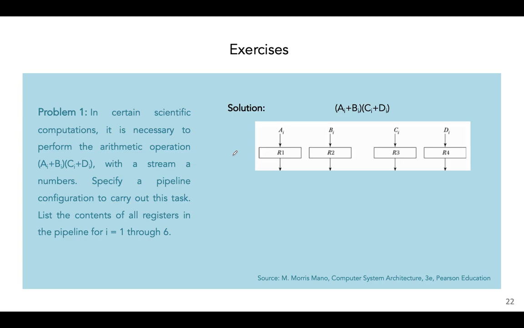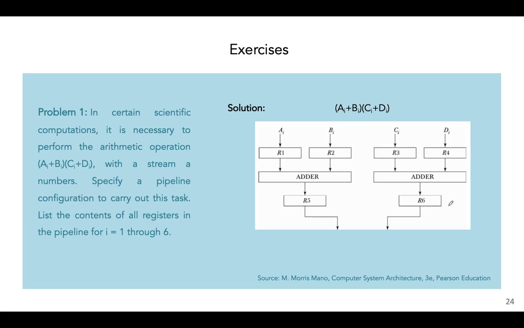Then what we need to do is Ai and Bi need to be added, and Ci and Di need to be added, which means you'll have to put 2 adders. Then the result of these adders must be stored in registers. So you need 2 more registers now, R5 and R6. So this was your stage 1, this was your stage 2 or segment 2.